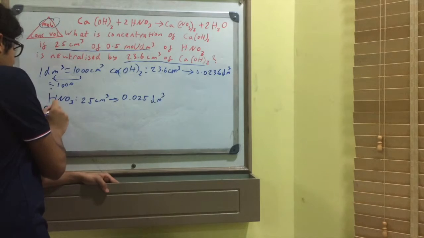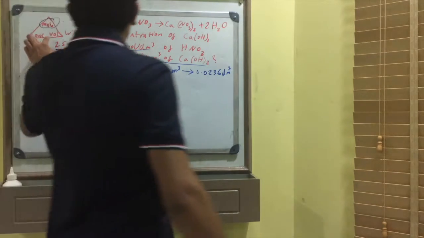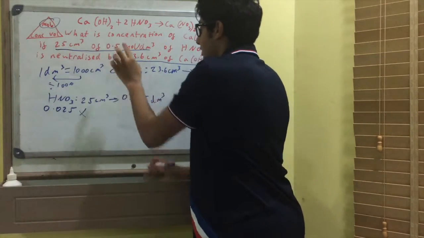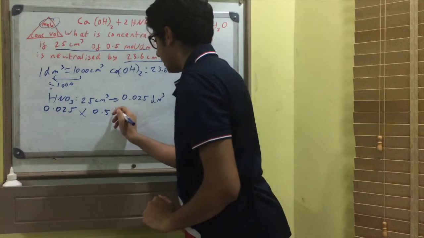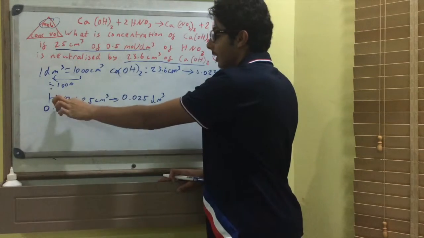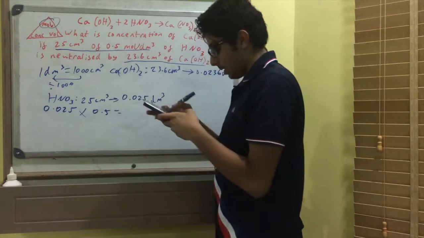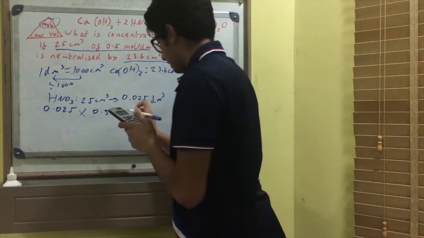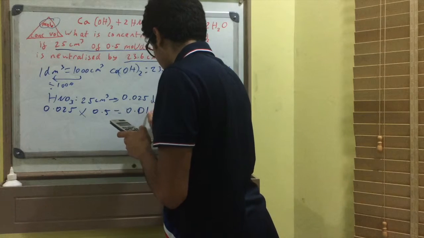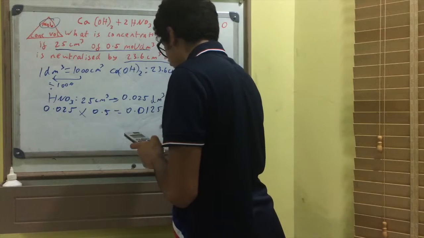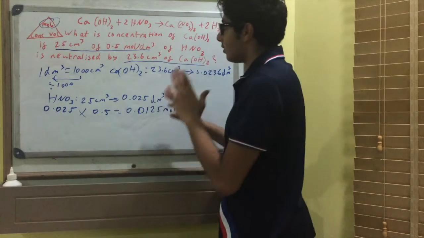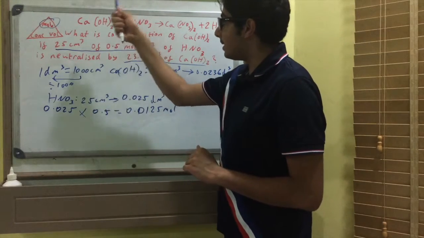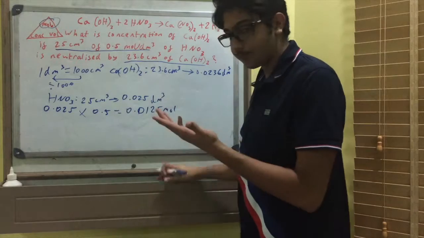So, 0.025 decimeters cubed, which is the volume, multiplied by the concentration, which it gives you, 0.5 moles per decimeters cubed, is going to give you the moles of nitric acid. That's going to be 0.0125 moles.